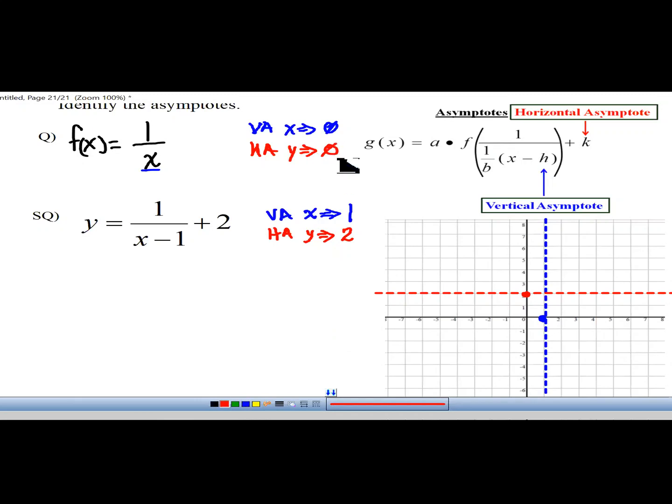So let's graph our asymptotes. x equals 0, x equals 0 in blue. Here's x. Notice I'm thinking about the x, and it's a vertical, so that means it goes up and down. There it is. And on the same 0, I'm gonna sketch my horizontal asymptote.